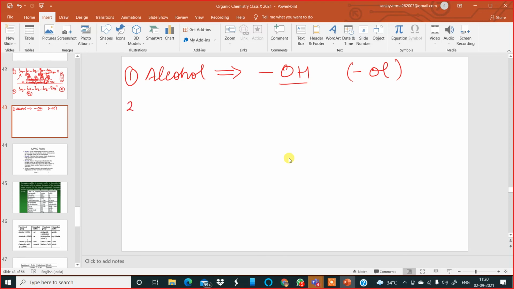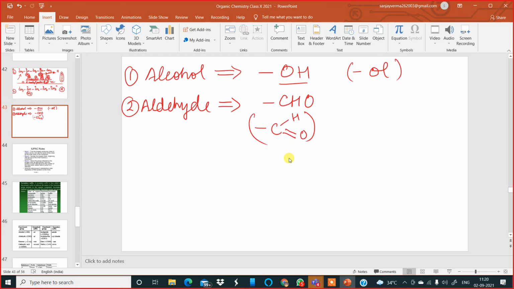If there is an aldehyde in the organic compound, then you will find groups like this: CHO, and CHO is also written in another form, CH double bond O. This is also CHO. If there is a CHO group, then in the secondary suffix we write AL. You have to be very careful. If you make a small mistake between A and O, finish, wrong, zero.